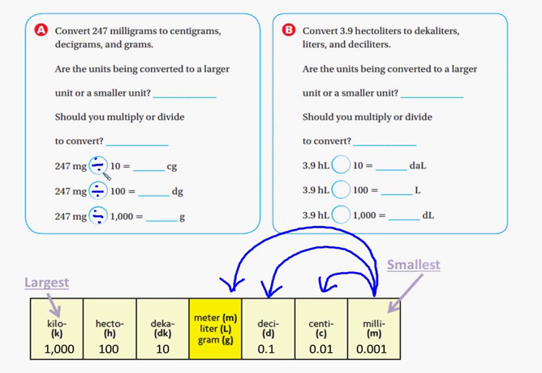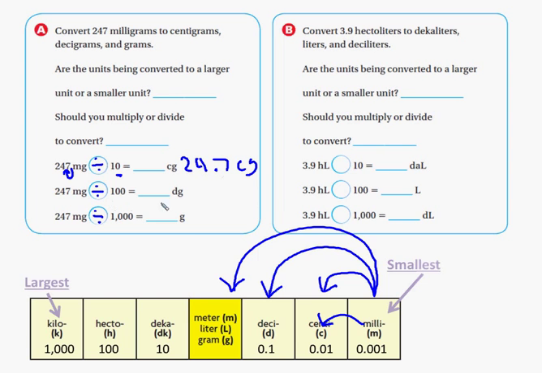Going from milligrams to centigrams, I'm dividing by 10, because I'm just moving over 1 place, so there's 1 zero here. If I'm dividing, my decimal goes to the left, because I know my answer will be smaller. There's 1 zero, so I moved over 1 place, and my answer here is 24.7 centigrams.